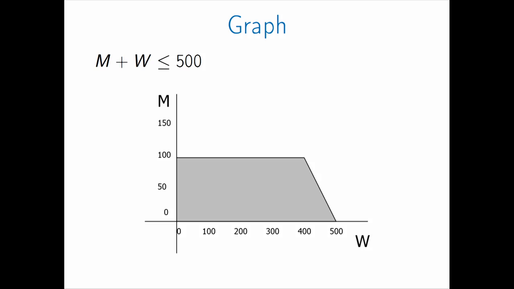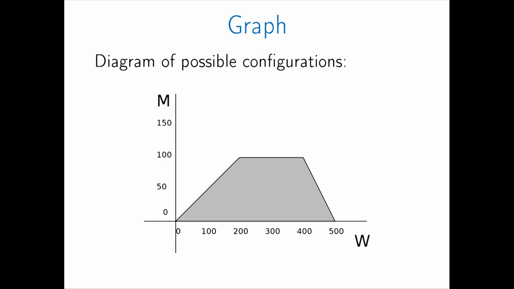When we look at our constraint based on the total demand, we find that M plus W is at most 500, and so we're now constrained to this region. And when we add the final constraint that the workers need to be at least twice the number of machines, we finally come to this diagram of possible configurations of machines and workers that we can use.